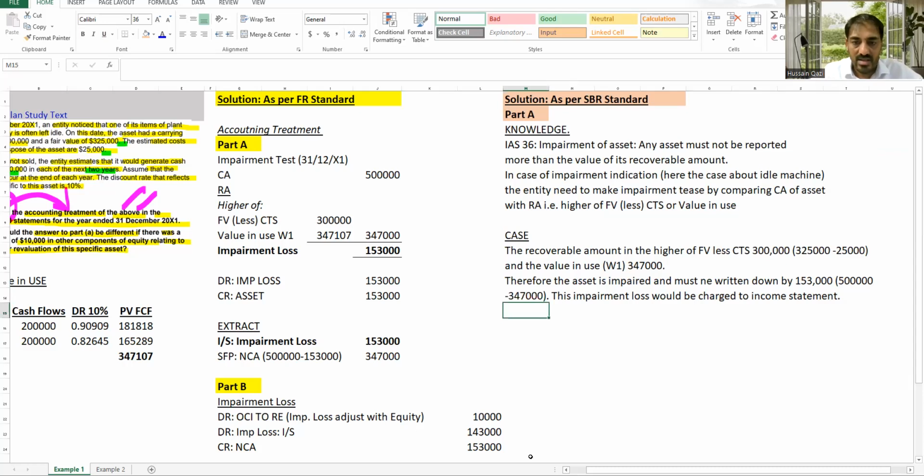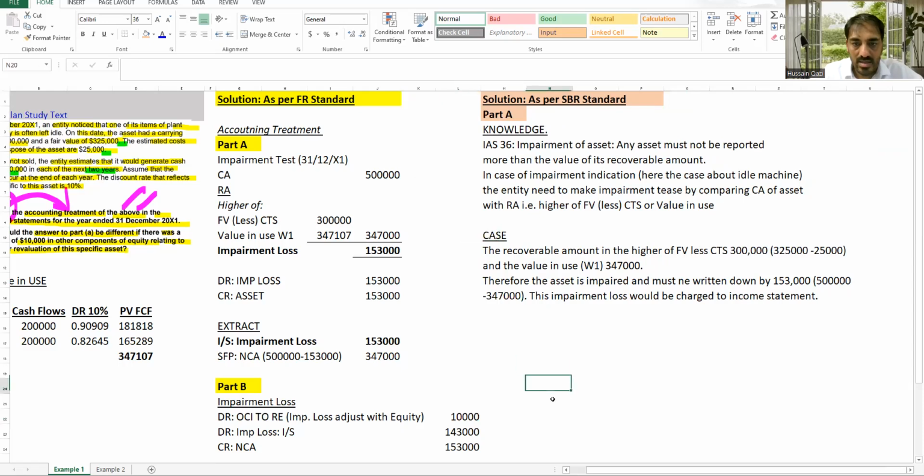If we work out the part B, for example, sir, the part B matter. That's the point of the part B. So what to do with respect to the part B?